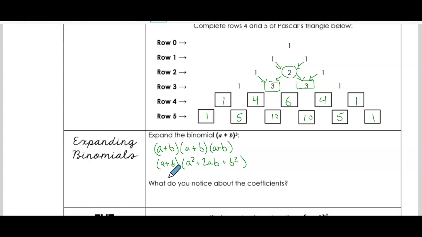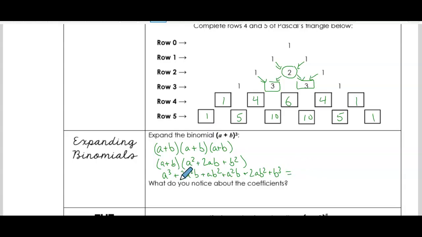And then when I multiply this, I'm going to distribute, so I get a cubed. A times 2ab is 2a squared b. A times b squared is ab squared. And then I go over here and start with the b. And b times a squared is a squared b. b times 2ab is 2ab squared. And b times b squared is b cubed.